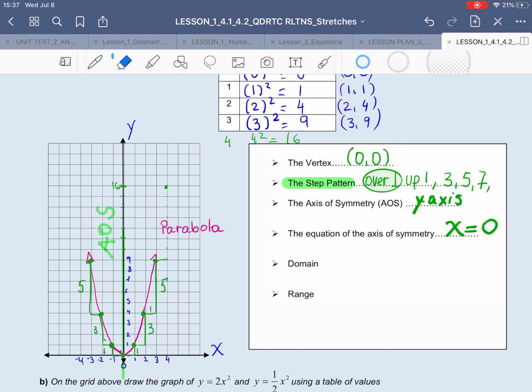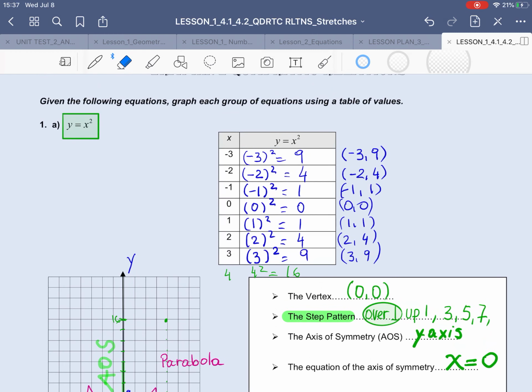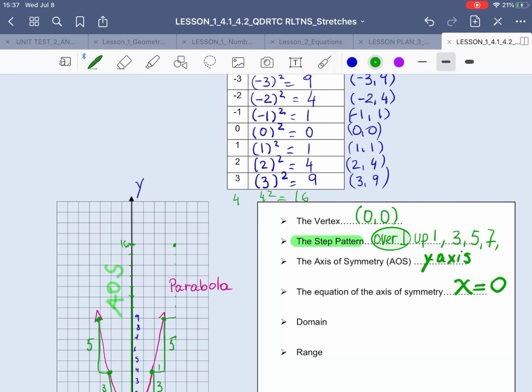Another thing we're going to want to talk about is the domain and the range of the parabola. To determine the domain, I always think, can I use a negative value of x and still be able to find y? Well, I did use negative values and I was able to find y. So I would say, yeah, x can be negative. Now remember, domain is all the x values, right?